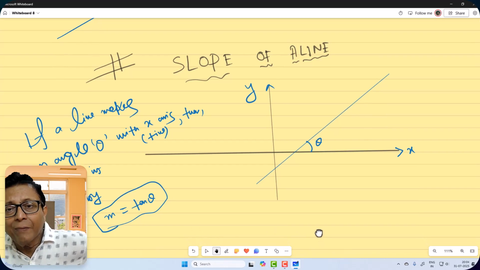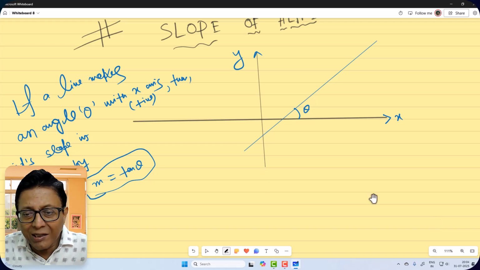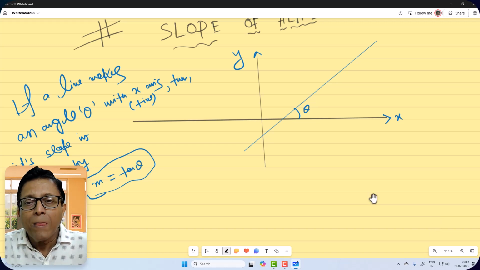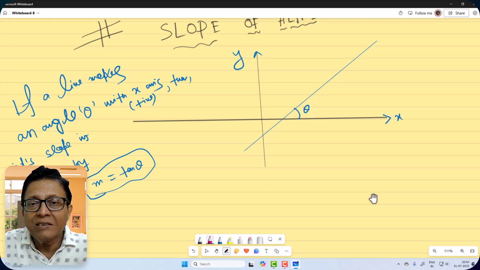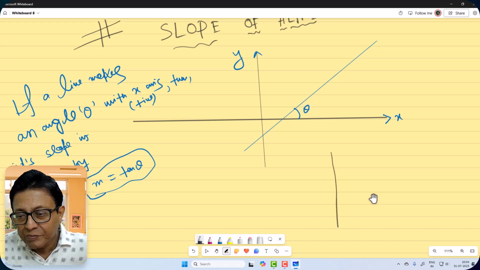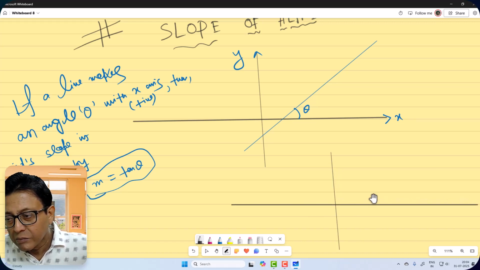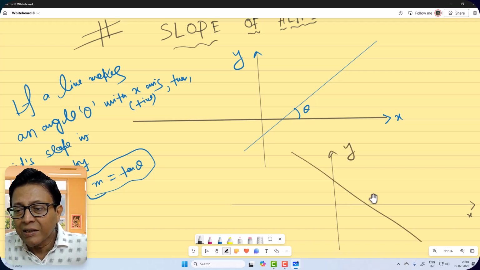Now, we'll write the value of slope of a line in some cases. Say, a line is there. This is the line.